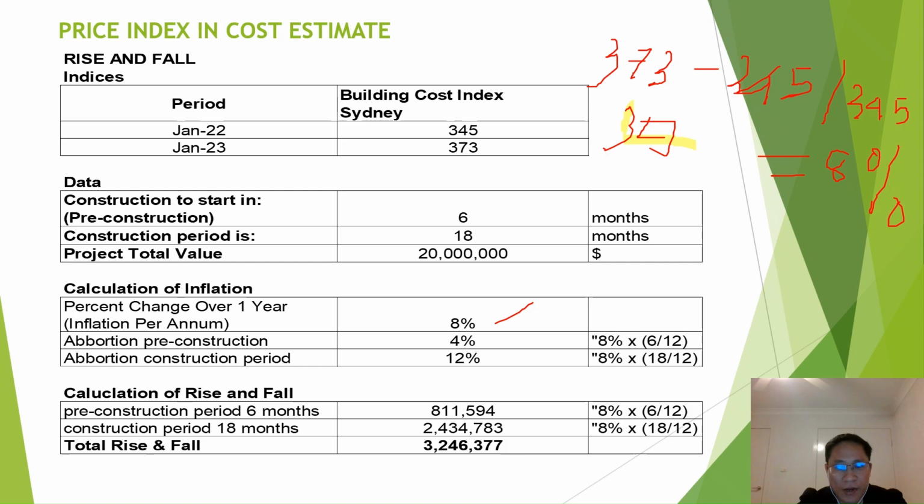So for the pre-construction period, we will times 20 million by 4%, and for the construction period of 18 months, we do the same, 20 million times 12% comes to 2.4 million around, and the total rise in force is the sum of the two values, which is around 3.2 million.